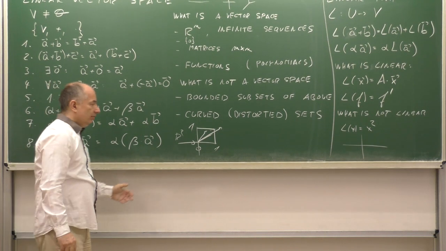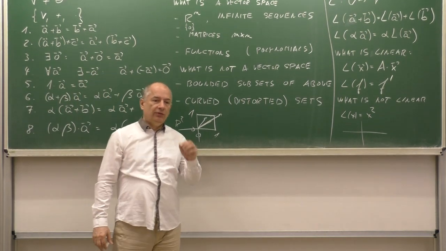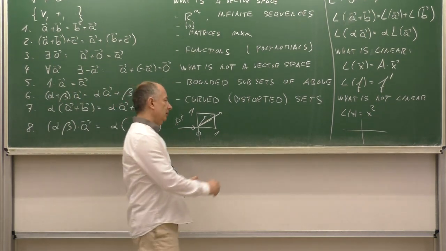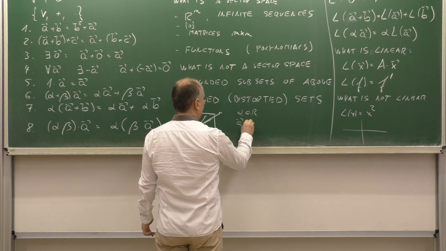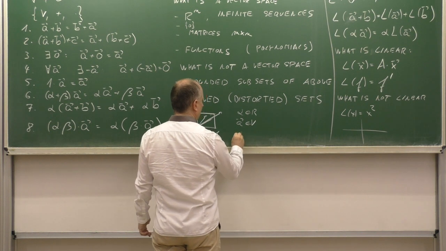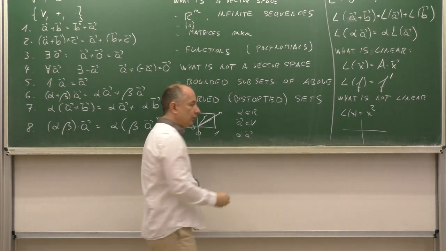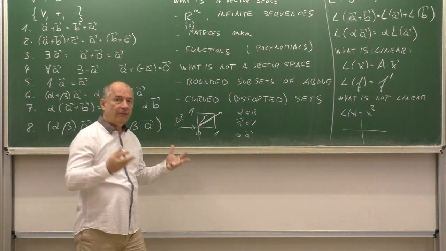Also, the multiplication by a scalar means that for any A and any alpha, if alpha is a real scalar and A is a vector, then we want alpha A to be defined as a vector.